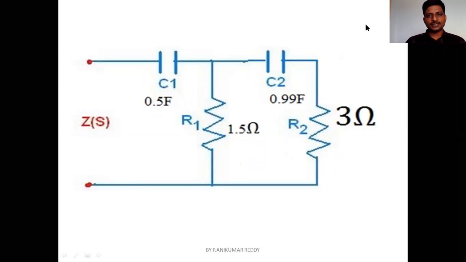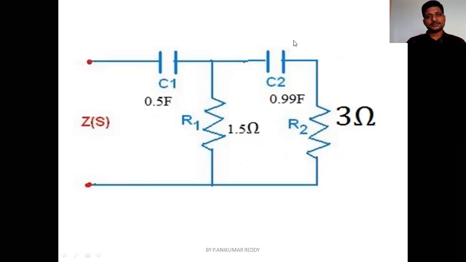So remember one thing, if the question is asked to synthesize, in any method you can follow, any one method is enough. Foster one or Cauer one or Cauer two. Suppose he is specifically asking to synthesize the network in Foster form, you have to follow only Foster one.